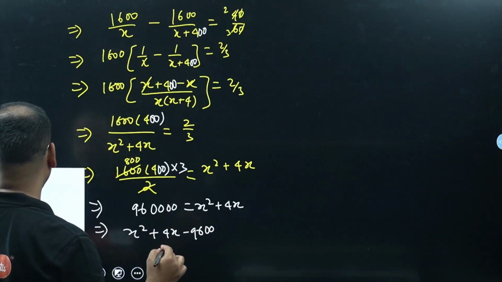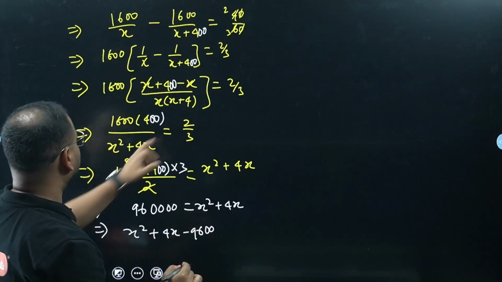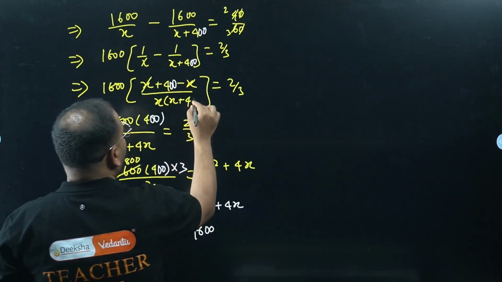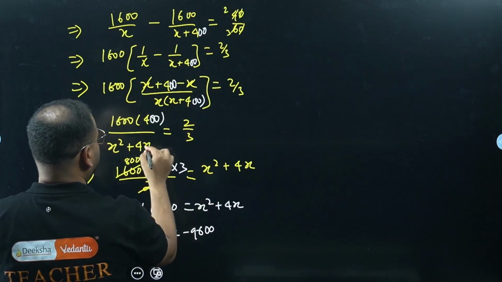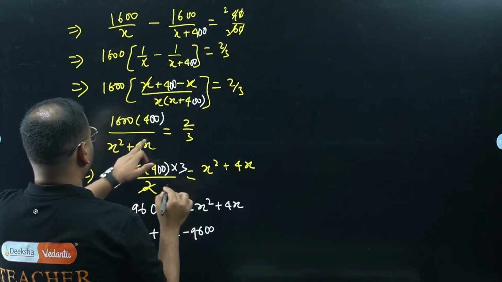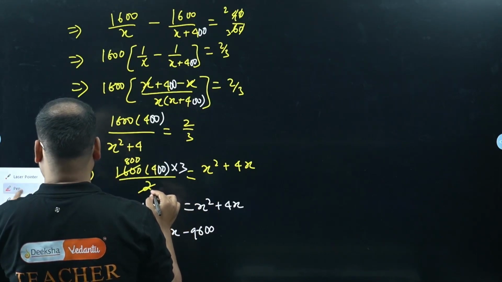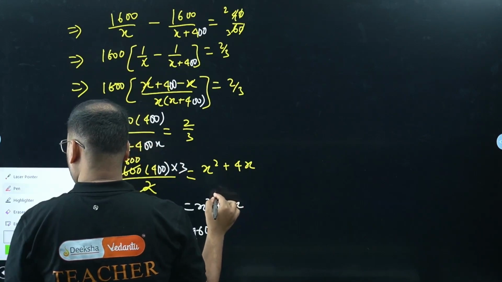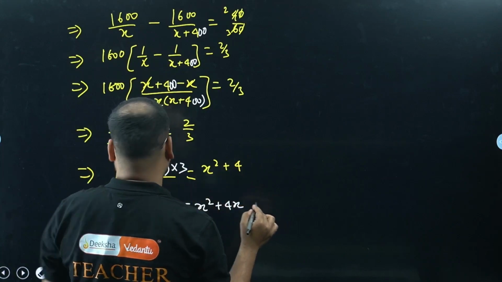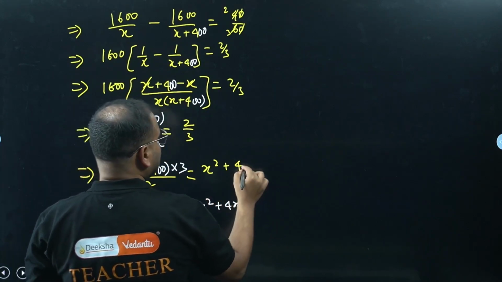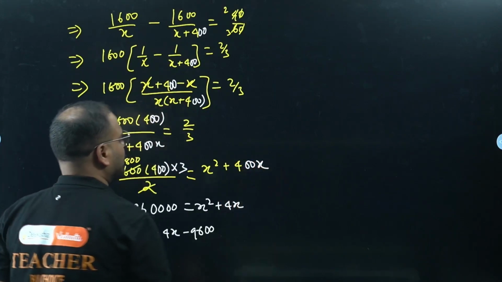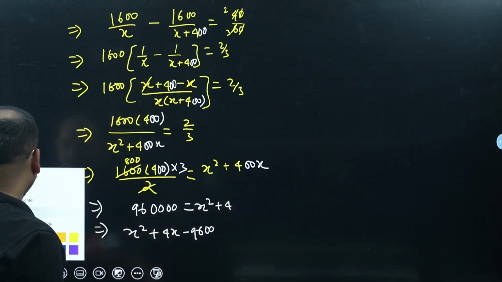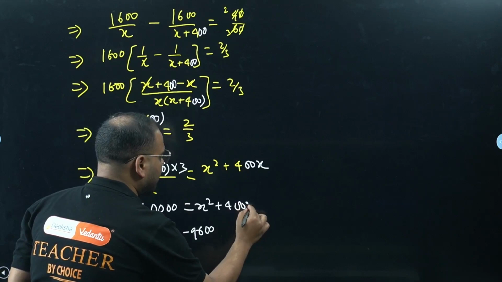One more mistake, the same problem here as well. This will be 400x. It's not a big mistake, I just missed writing 2 zeros. So 400x.